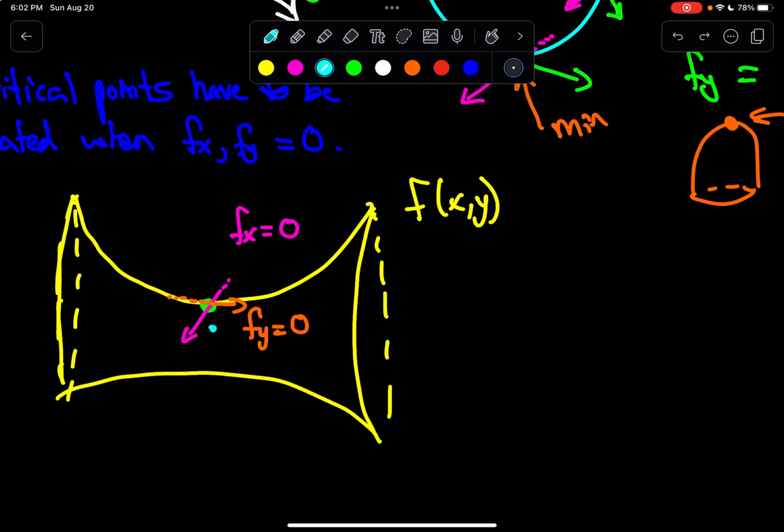Now, if I were to go for a walk in this direction, yes, all of these points over here are higher, so it seems like this point that we've picked is a minimum, but in fact, it's kind of like a false positive because I can clearly go for a walk down here and achieve even lower points. And so this is what we call a saddle point because it looks like a saddle in the graph.